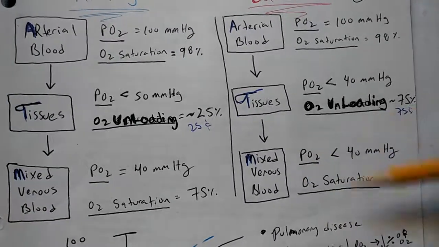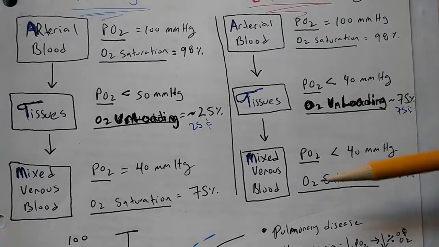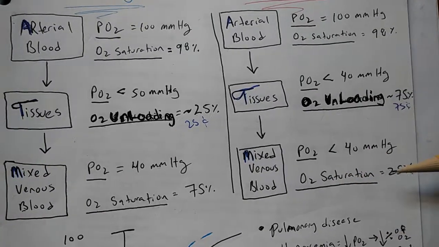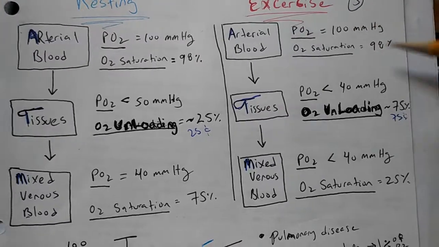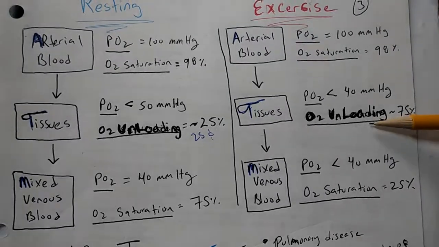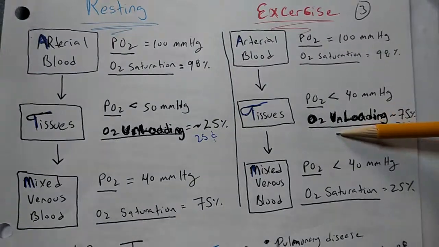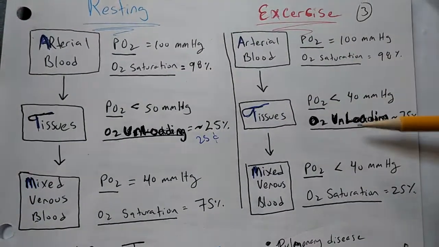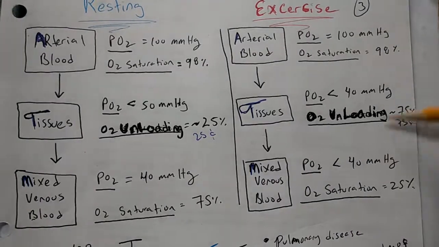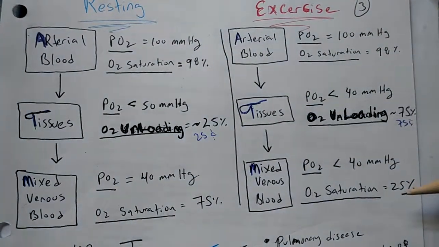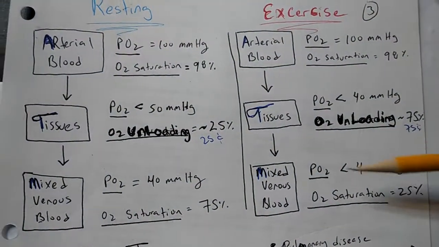To re-summarize, we have an O2 saturation of 25 cents or 1 token. That makes sense because we started out with 4 tokens and inserted 3 tokens because this is during exercising, so the tissues demand more oxygen. So with 4 tokens, we insert 3 tokens into the tissues. We are left over with 25 cents or 1 token in the mixed venous blood.